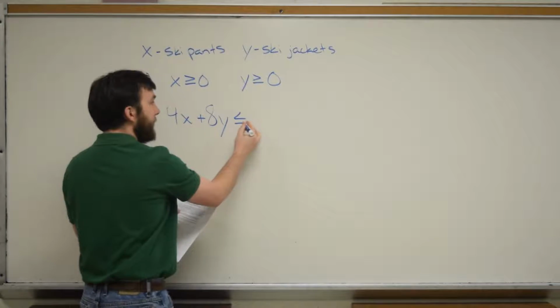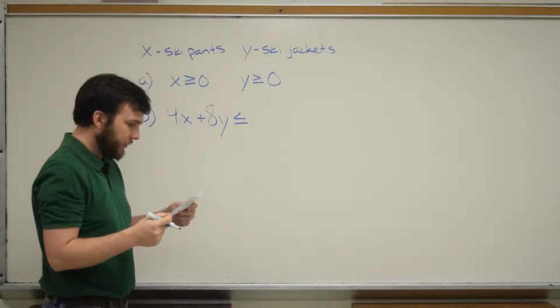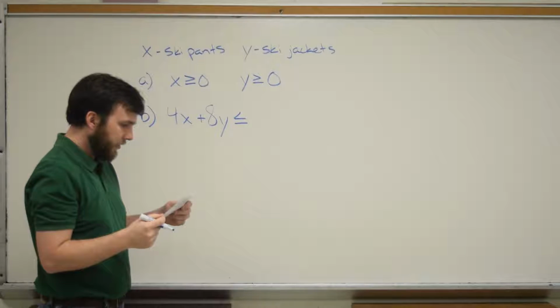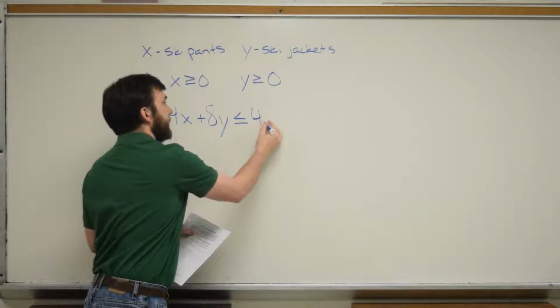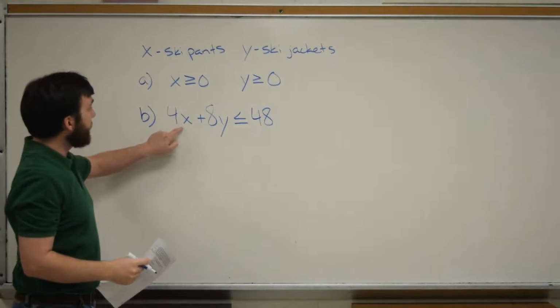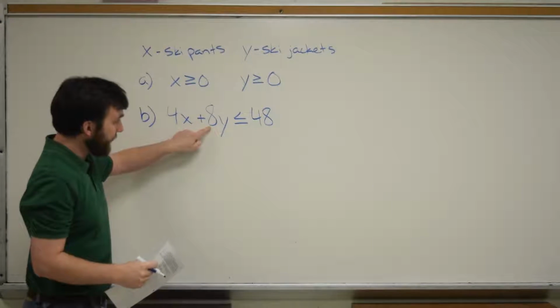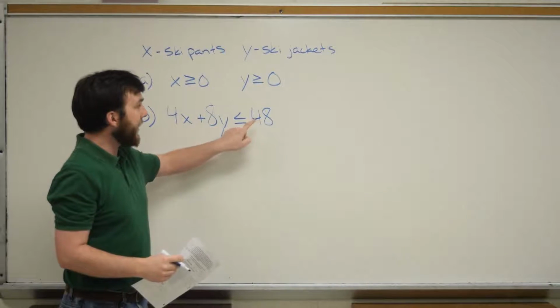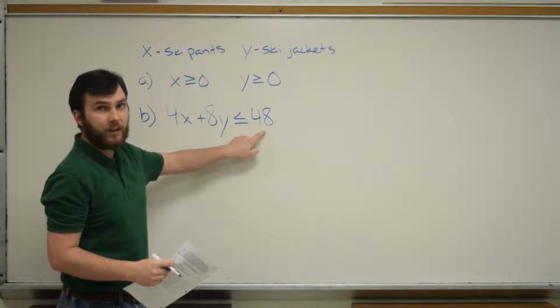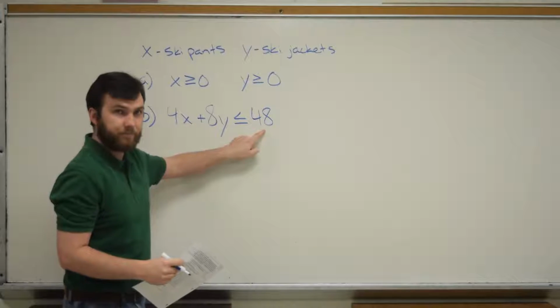And then we have a maximum cutting time available of 48 minutes. Every pair of pants needs 4 minutes of cutting time. Every jacket needs 8 minutes of cutting time. And we have less than or equal to 48 minutes total to use for cutting.